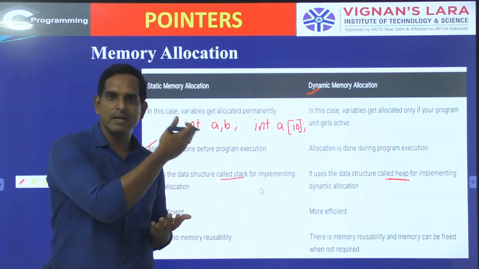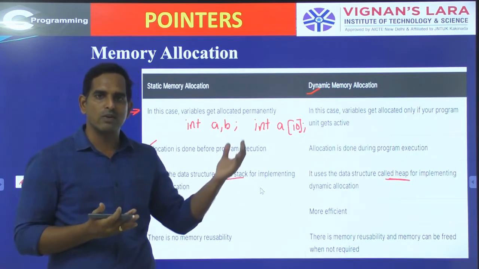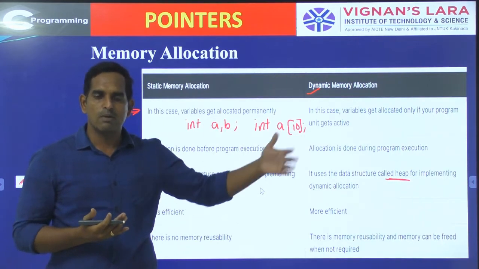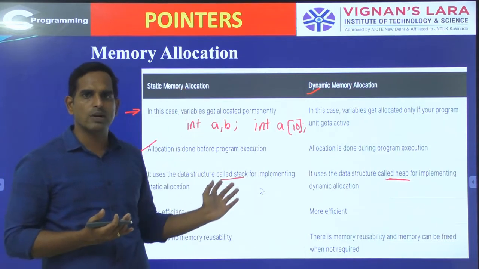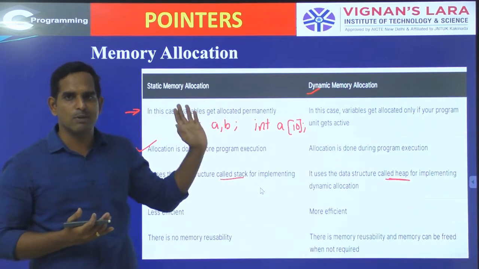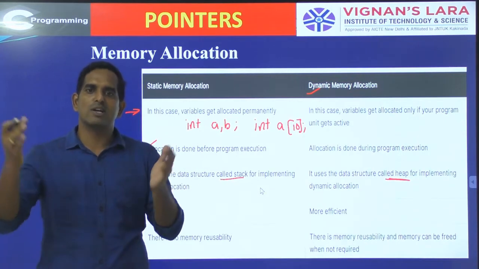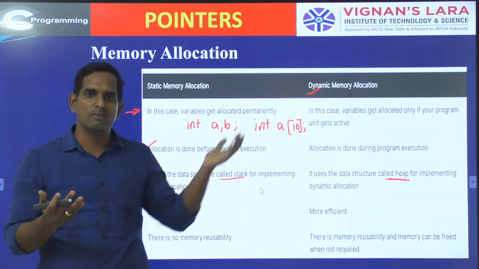At that point you cannot modify the code that is written inside. So the number of elements in a static memory allocation is fixed, and you cannot keep changing that. If more elements come into your program, you cannot change the size of the memory.